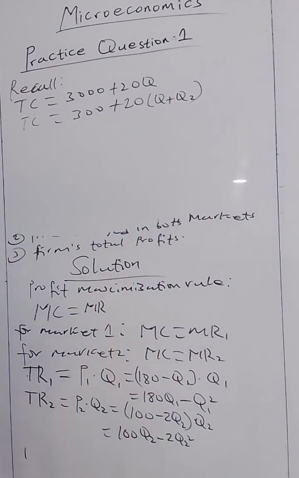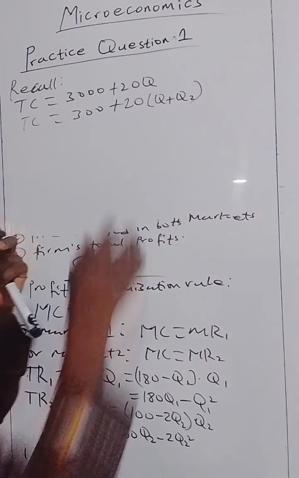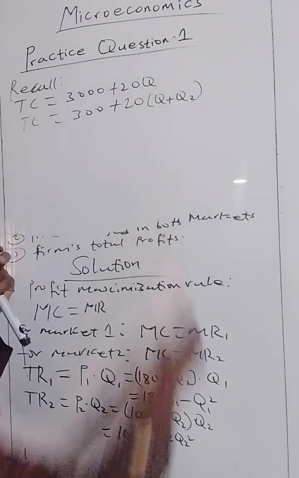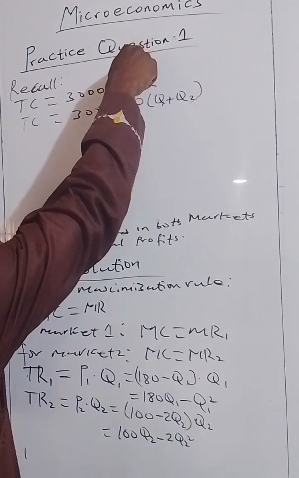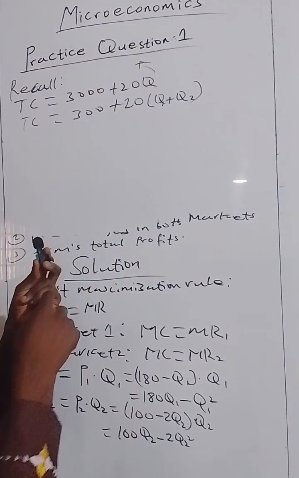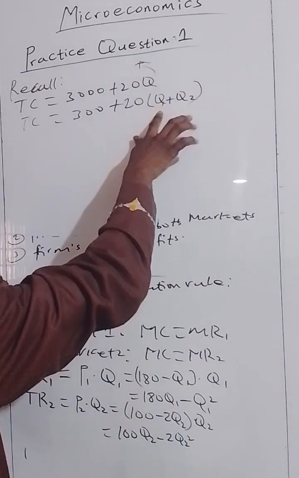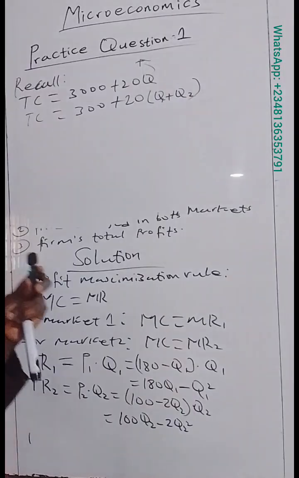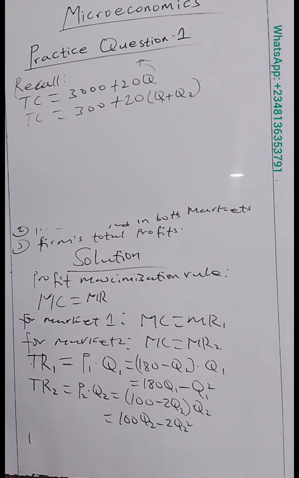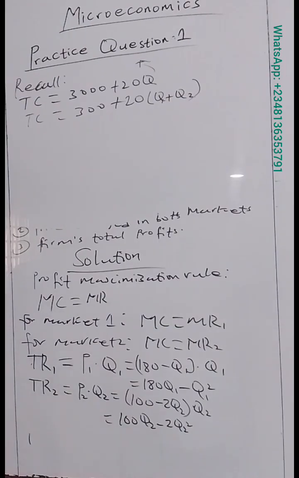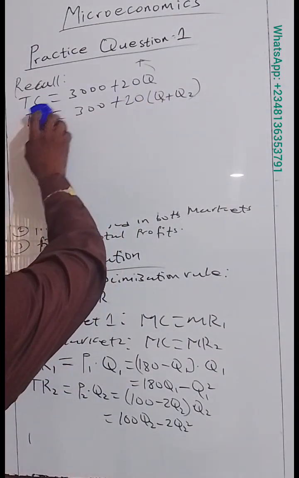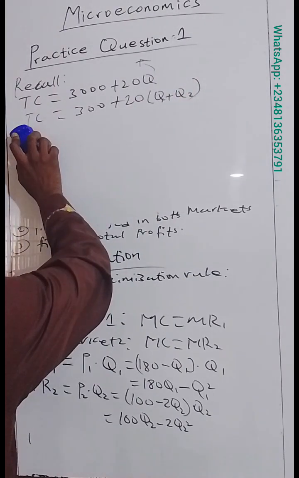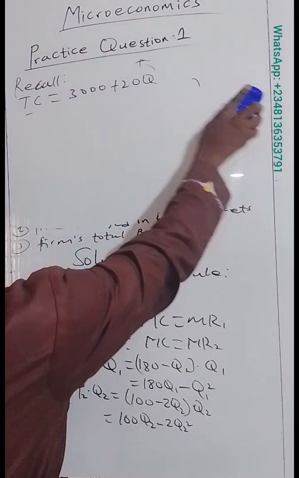We can write it this way because the Q here represents total output for both markets, but we can split it into Q1 plus Q2, so it still remains the same. We can do that if you like, but we don't necessarily need to, because we are given a linear function here.